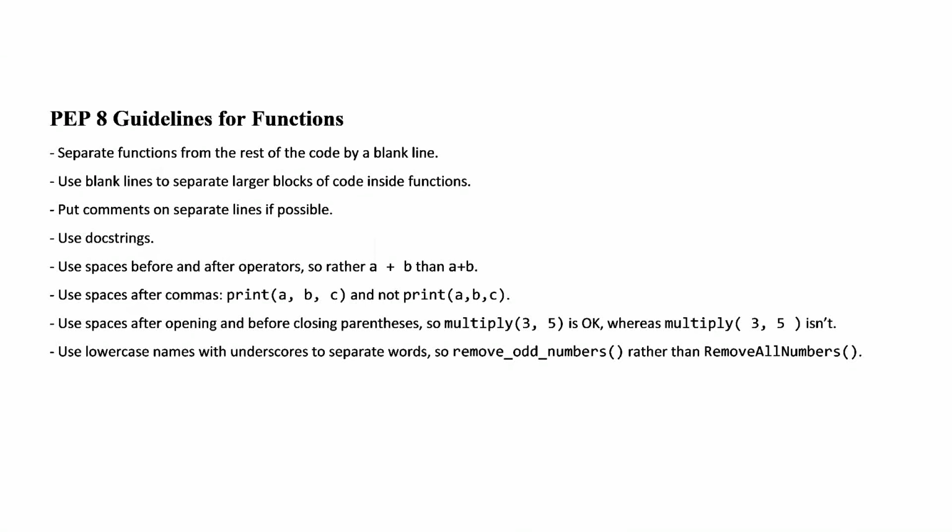So, for example, multiply, open parentheses, 3, blank, 5, close parentheses is okay. Whereas multiply, open parentheses, blank, 3, blank, 5, blank, close parentheses isn't. We should use lowercase names for functions with underscores to separate words. Like, for example, remove_all_numbers, rather than removeAllNumbers.